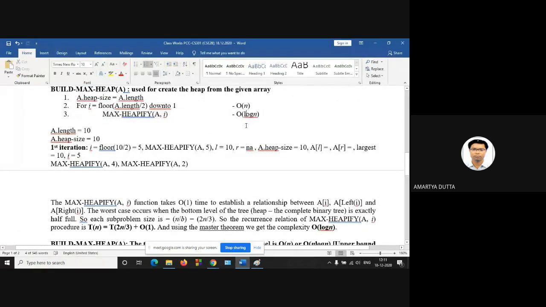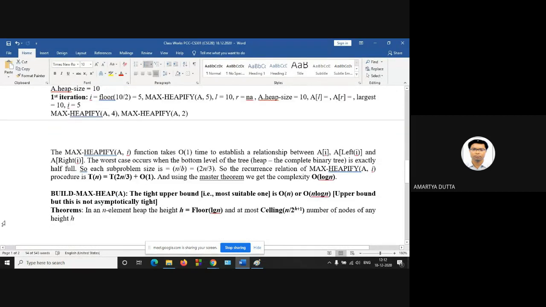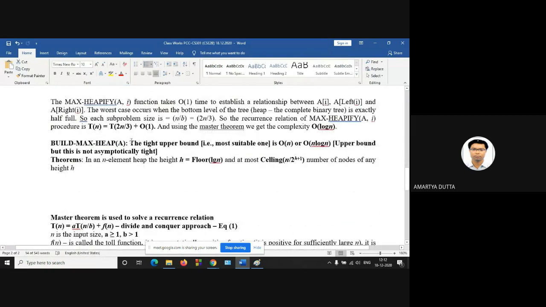So n log n is an upper bound. We can also say that the complexity is order of n square, order of n cube. This is an upper bound, but this is not suitable. This is not a tight bound.